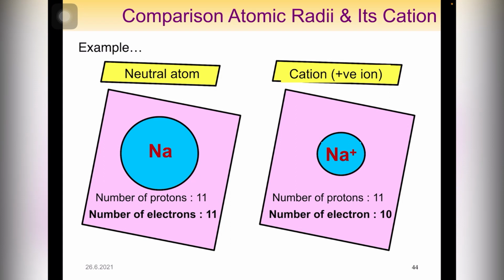So it only has 10 electrons compared to its neutral atom, which causes the attraction between the nucleus and the remaining electrons, the 10 electrons remaining after it removed 1 electron, to become stronger, because it has fewer electrons now. So when the attraction becomes stronger, the size of the ions for group 1 will be smaller compared to the neutral atom.